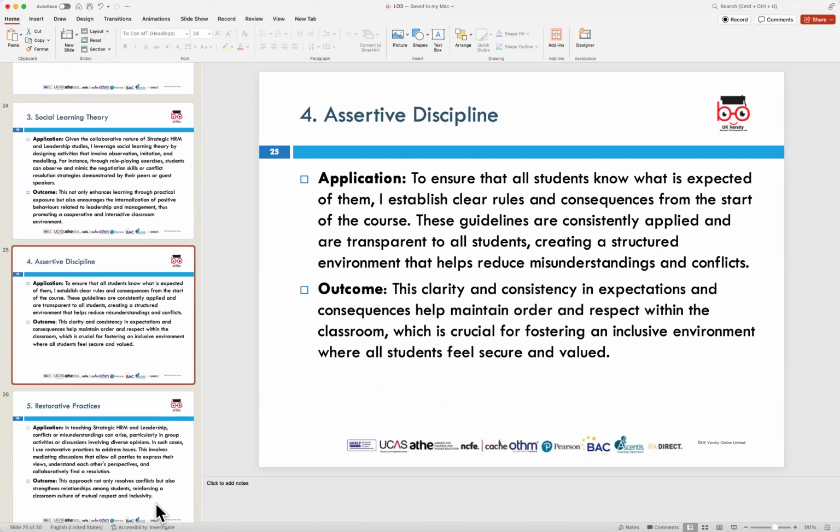How do these theories help you create a safe and inclusive teaching environment? And then give an example of how it helps you manage behaviors of your students, children, learners by understanding the application of this particular theory for this task.